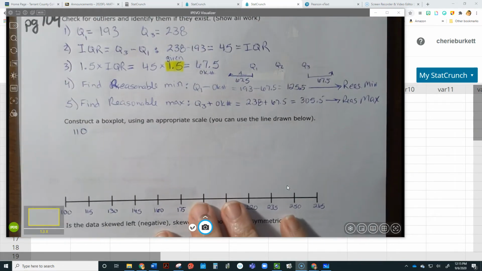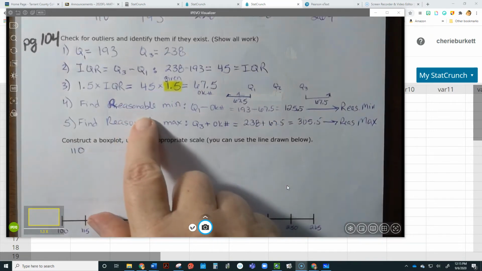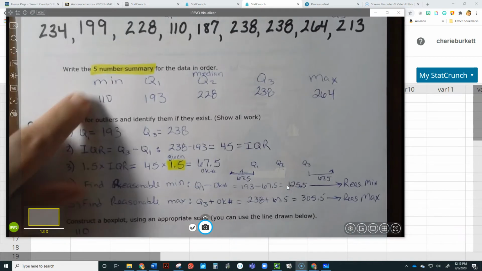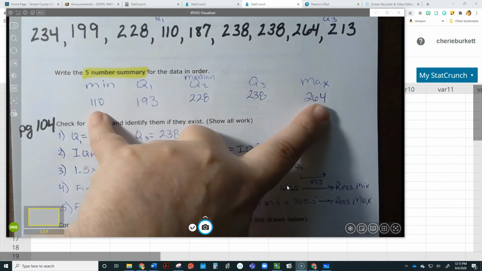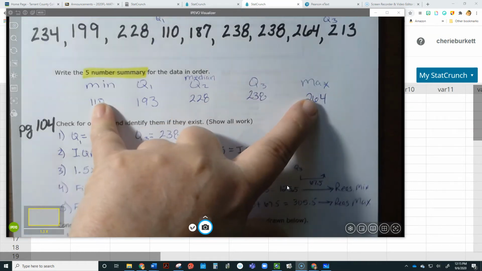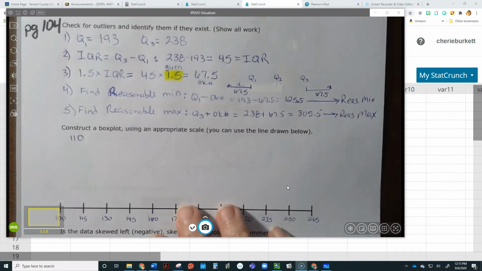It's going to be a number that's too low to be a reasonable min or max. And the outlier is always going to be either your minimum value or your maximum value, because it's going to be one of those extremes. So we're not really checking for the numbers in the middle. We're checking for these two numbers, or one of these numbers, as an outlier.